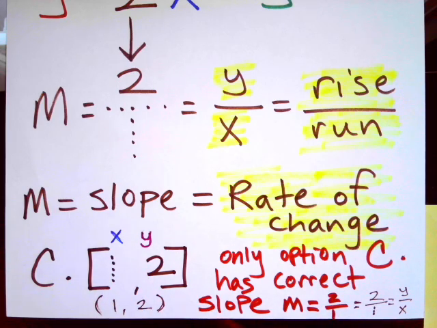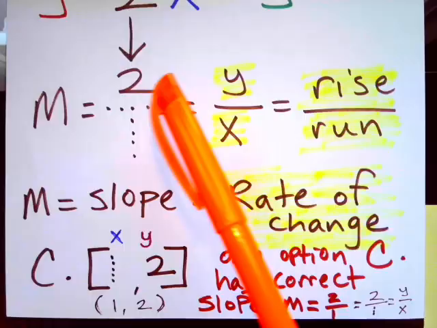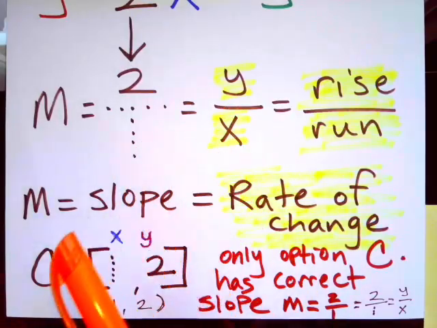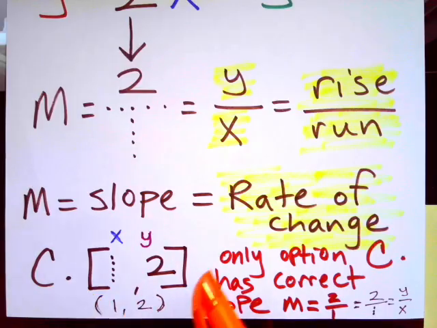You could have guessed C if you know that m is your slope, that the 2 is represented by the y, the 1 is represented by the x, and that this is an ordered pair like you see down here below. Whew, that's a lot of stuff, but that will help you, if you're in a hurry, guess the correct answer in this type of problem.